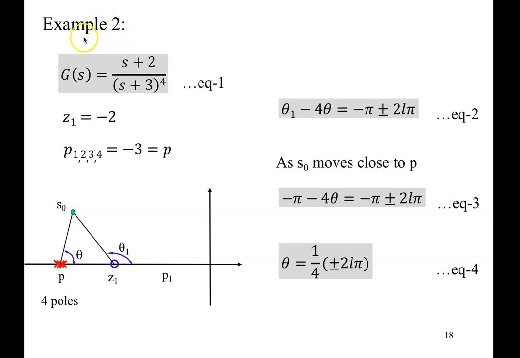So in this case, I have a 0 at minus 2 and 4 poles at minus 3.